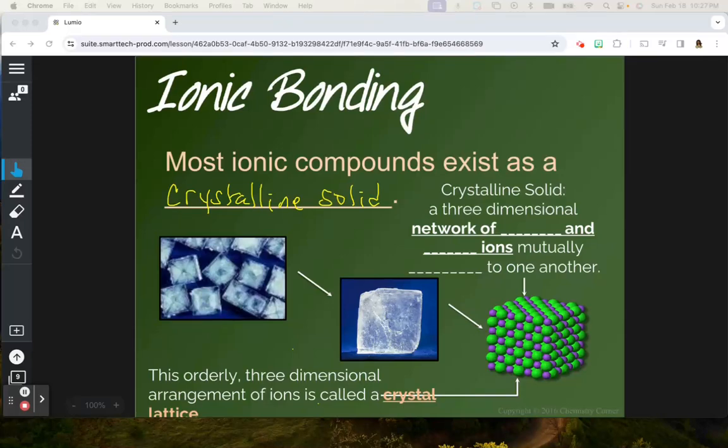Crystalline solids are three-dimensional structures or a network of positive and negative ions mutually attracted to one another. We know opposites attract, and when they attract one another, they form something called a crystal lattice, like this illustration here: a repeating pattern of tightly packed ions that forms a crystal lattice.